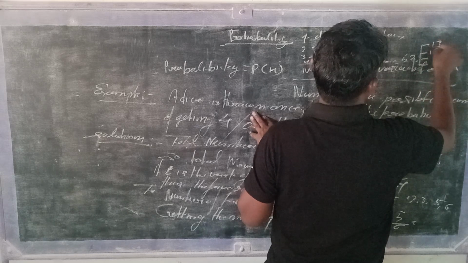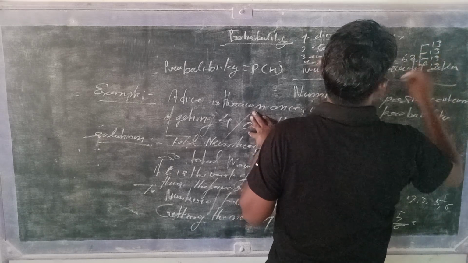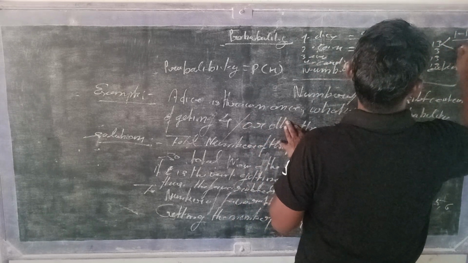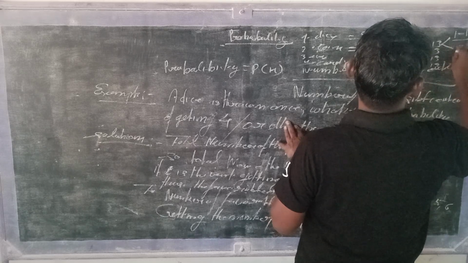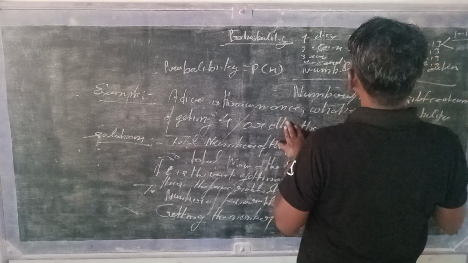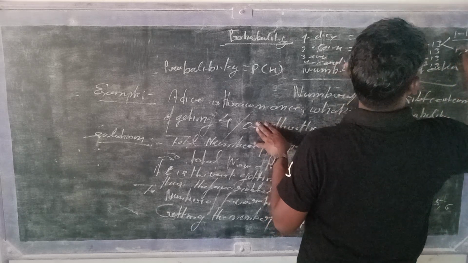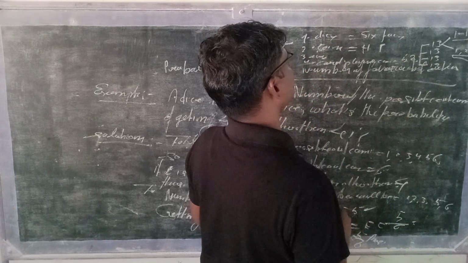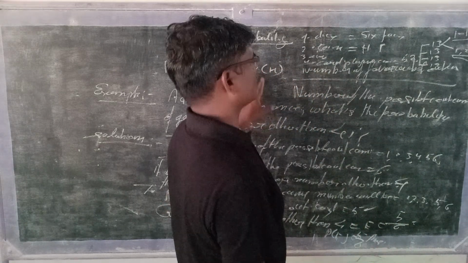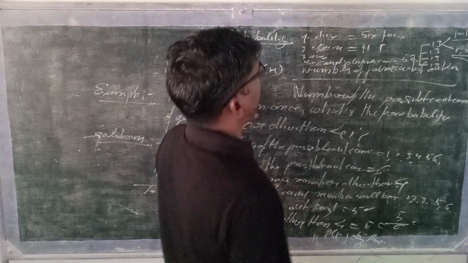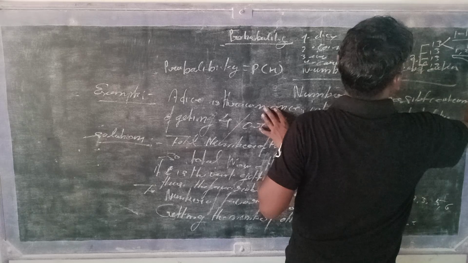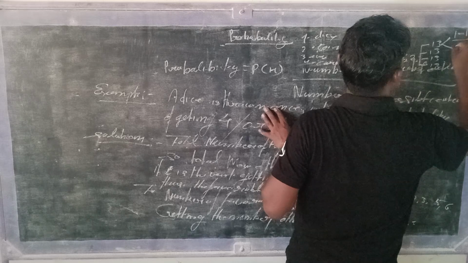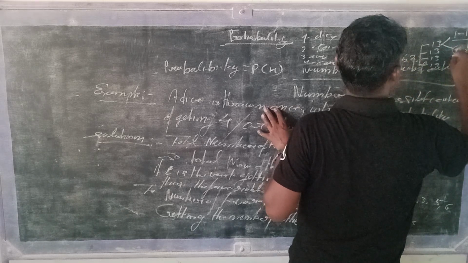Each part is 13, and 4 times 13 gets 52. Each suit has cards numbered 1 to 10, and 3 other cards that are different: king, queen, and jack.